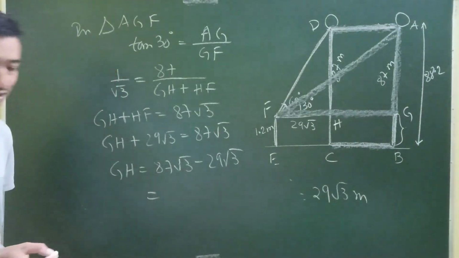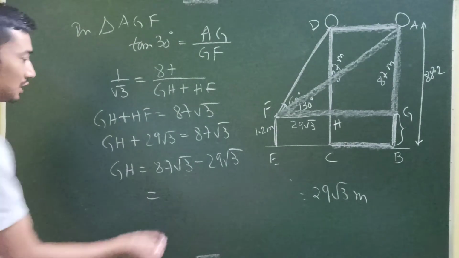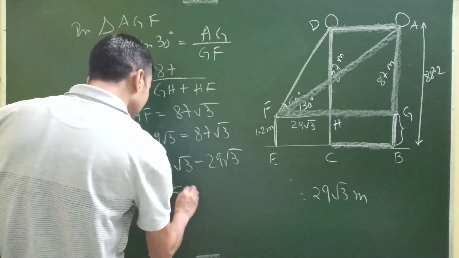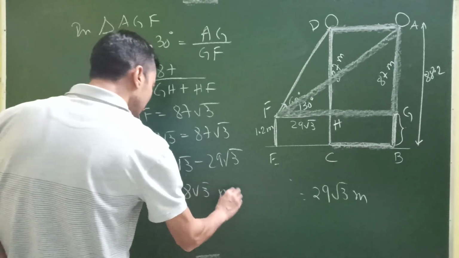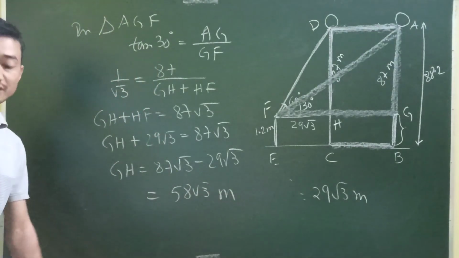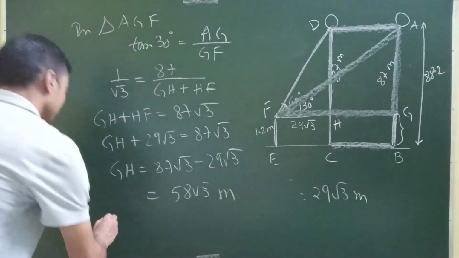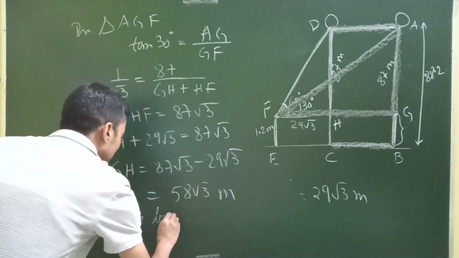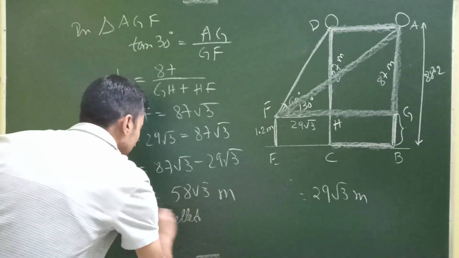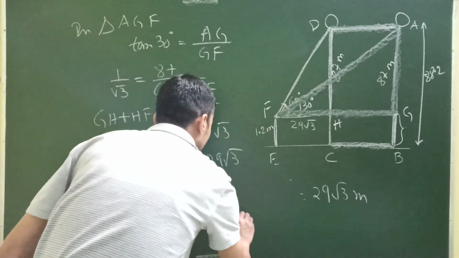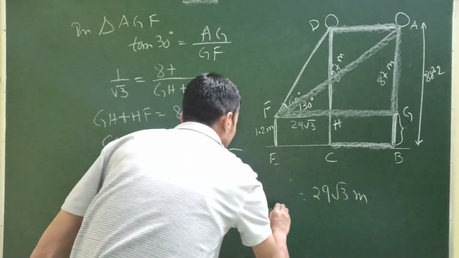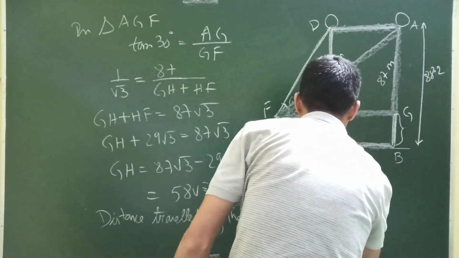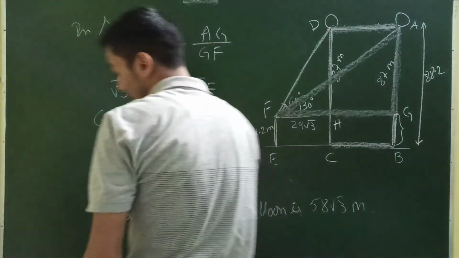So 87 minus 29 is going to be 58 root 3 meters. So therefore the distance traveled by the balloon is 58 root 3 meters.